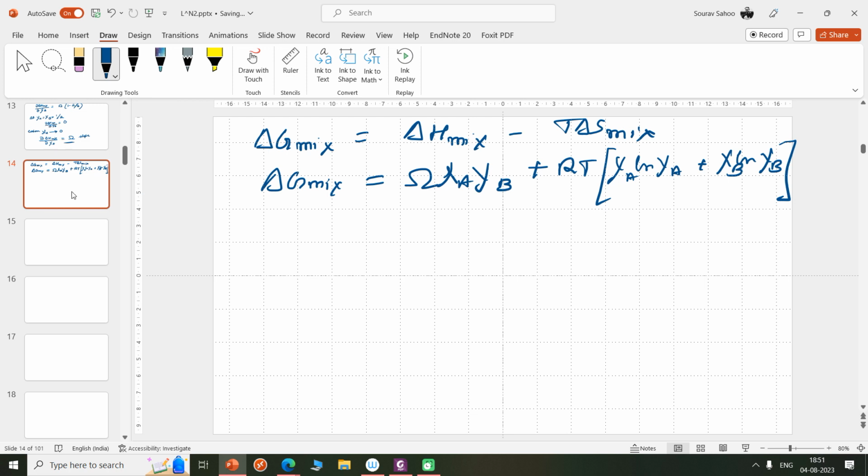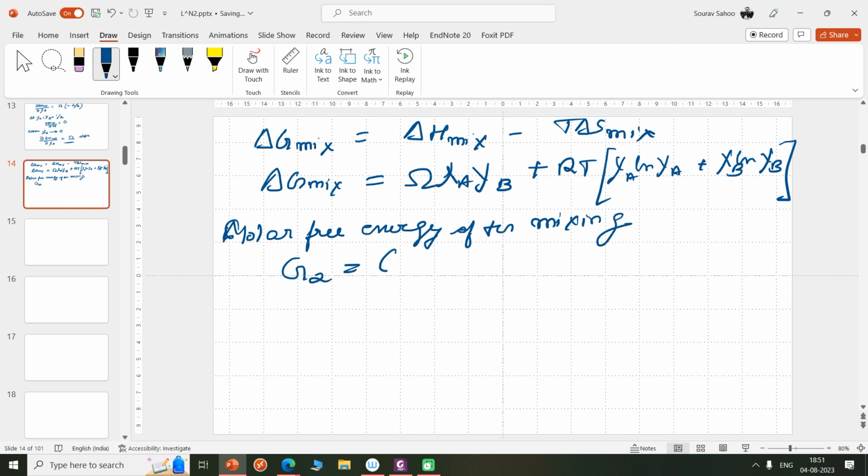So now we know the free energy change upon mixing. The molar free energy after mixing is G2 equal to G1 plus delta G mix, and G1 is given by the rule of mixtures.